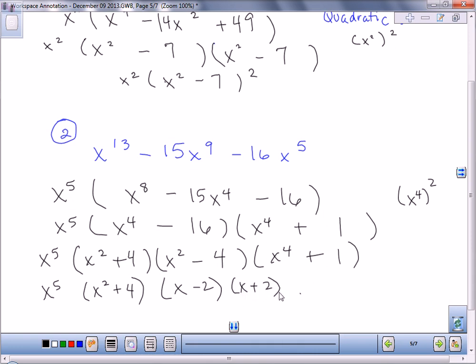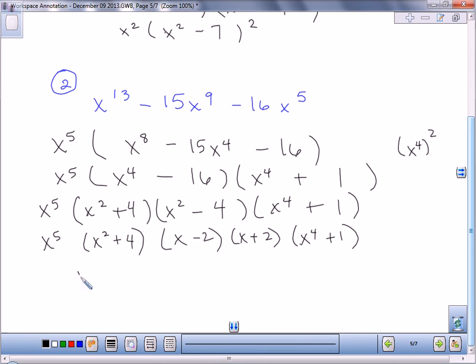Okay, now this is kind of sloppy looking. I don't like the order of degree here. So I'm going to move it around a little bit. It's not wrong if I leave it like that. It's just not pleasing to the eye.